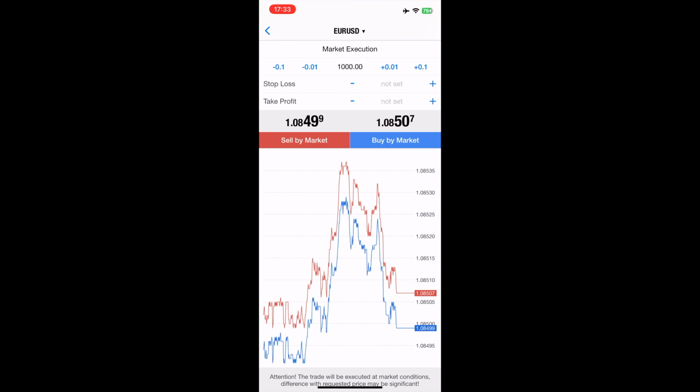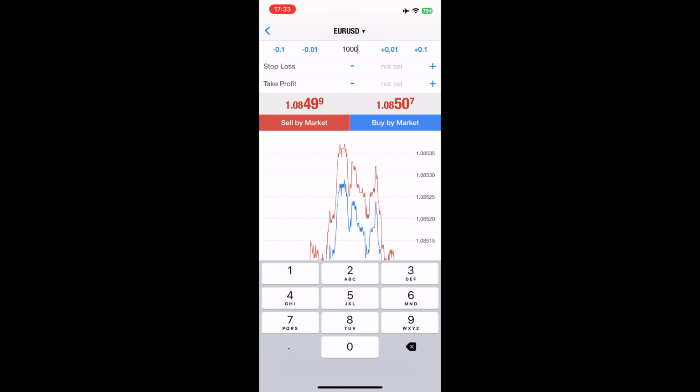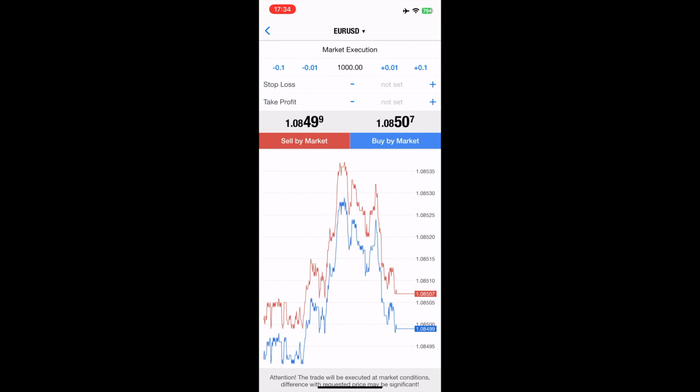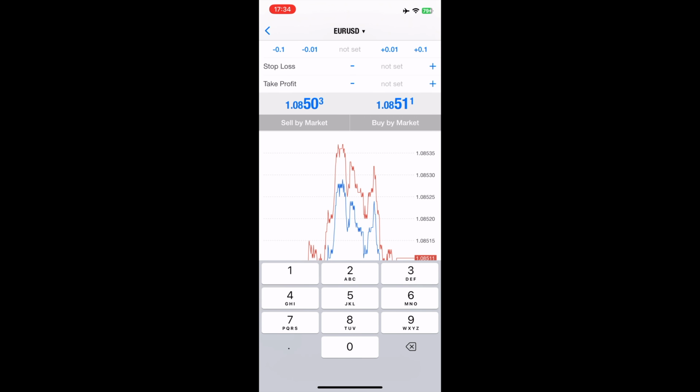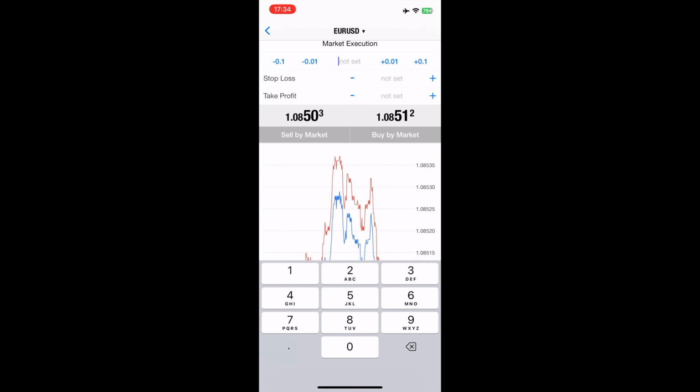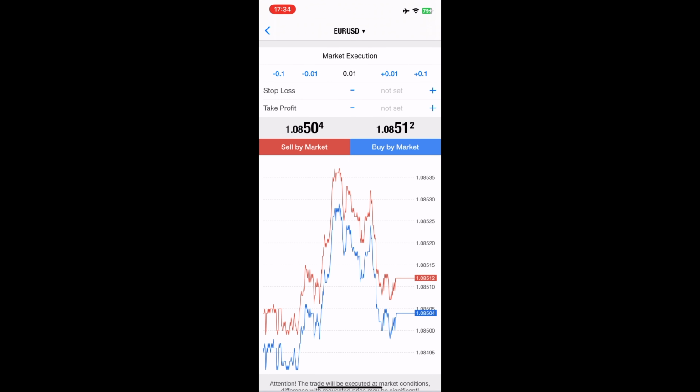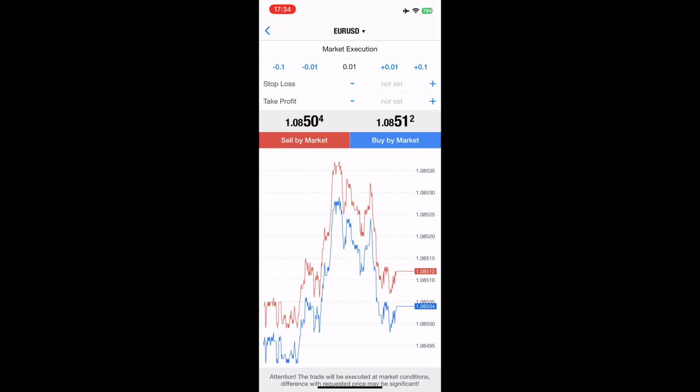Oh, I can buy with 1,000. Cool, then. So I think the highest lot size is 1,000.0, I can buy with 1,000.0 or sell with 1,000.0. But for the purpose of this call, I'm just going to use 0.01. That's the lowest. So market execution means I am buying or selling at the market price.